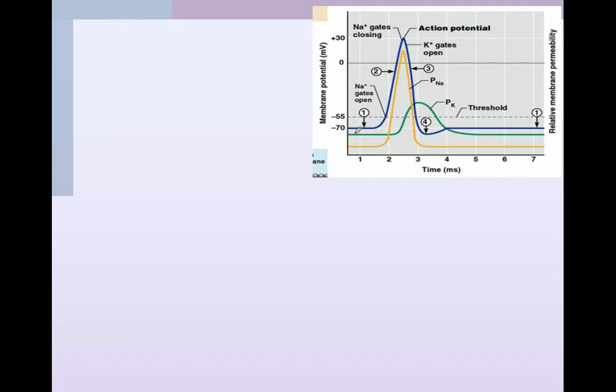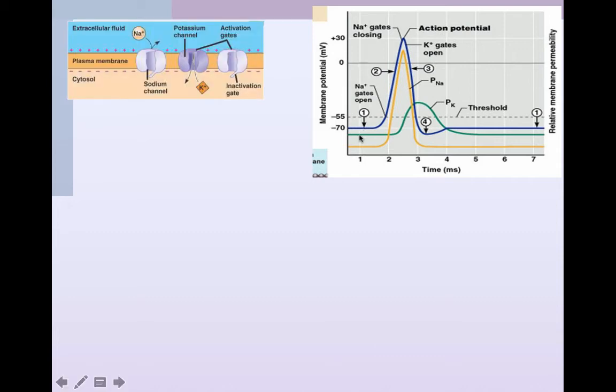And so first, I'd like to point out that at rest, the permeability of the membrane to potassium is greater than it is to sodium, and that's because we've got a lot more potassium leak channels in the membrane than we do sodium leak channels. All right, and so we're at rest, and the voltage-gated potassium channels are closed, and the voltage-gated sodium channels are also closed. And so we're good, we're at rest.